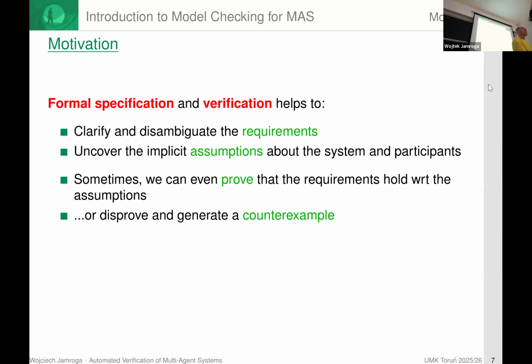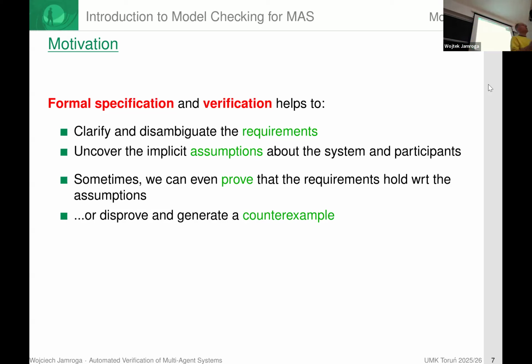And the nice feature of formal verification techniques for temporal and strategic logics is that very often, if the answer is no, the property does not hold, the answer comes with a counterexample.